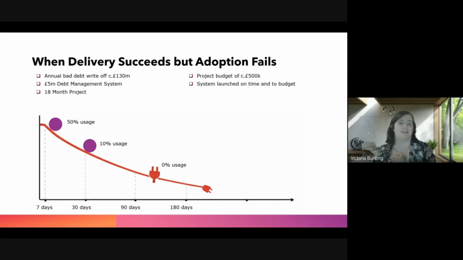And by day 180, the system was shut. It closed down because it wasn't being used and was redundant, and it was a massive waste of money. The system itself wasn't a bad system. It was the delivery, and the adoption was masked due to it appearing to be a success. So we need to make sure we measure the right things early to make sure it's actually landing where it needs to land.